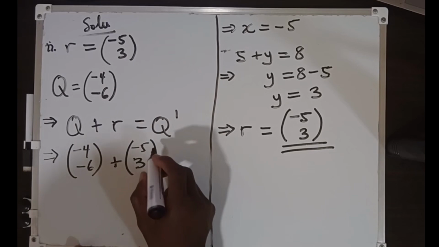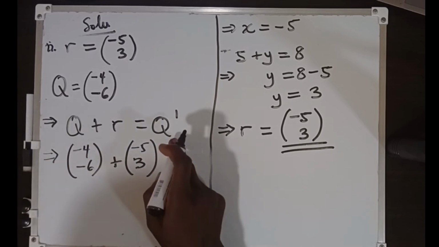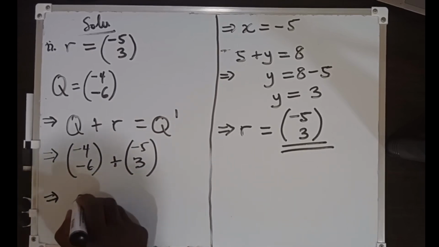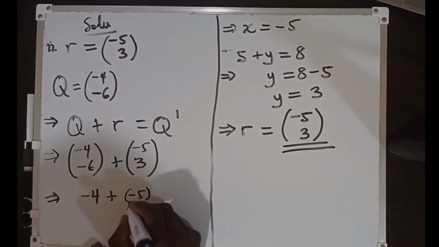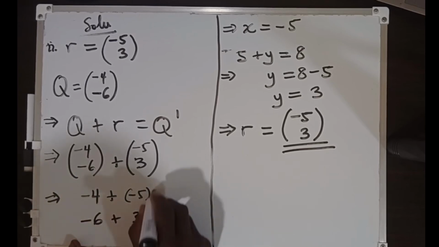So when we translate this, whatever we get becomes our Q prime. So that means we have -4 plus -5 on -6 plus 3.